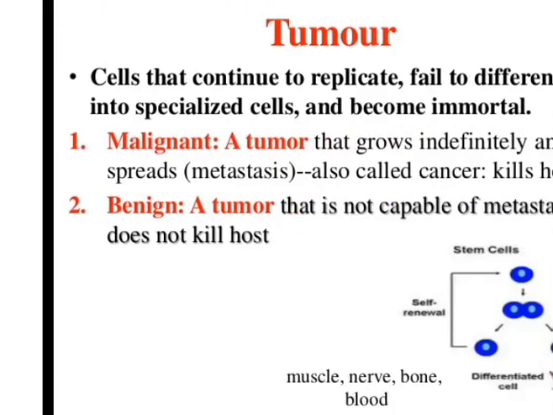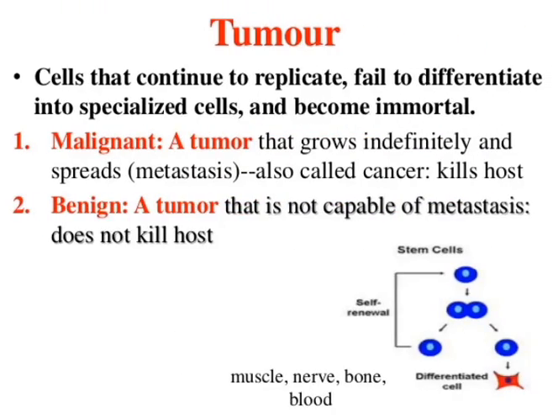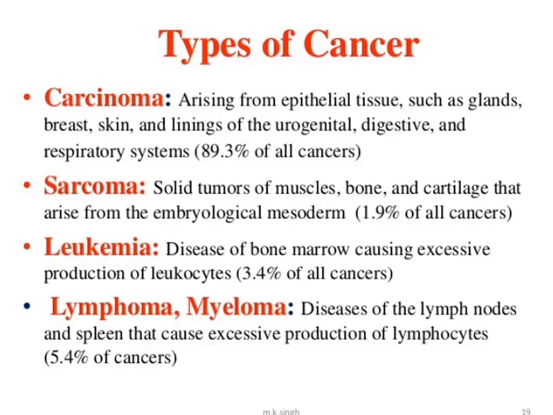Tumor immunity. Tumor cells that continue to replicate fail to differentiate into specialized tissue and become immortal. Malignant: a tumor that grows indefinitely and spreads, also called cancer, which kills the host. Benign: a tumor that is not capable of metastasis, that is, it cannot spread all over and does not kill the host.